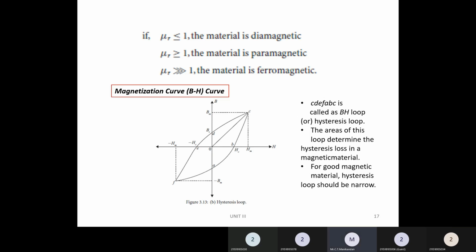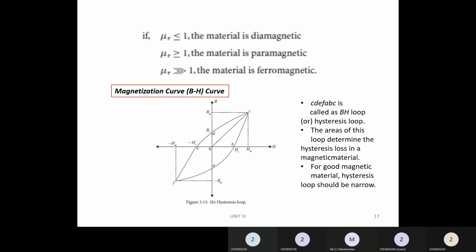Even when the field intensity is 0, we get some amount of magnetic flux density because of the residual flux present in the material. Now I increase the H value in the negative direction, so from D, the B value comes to 0.